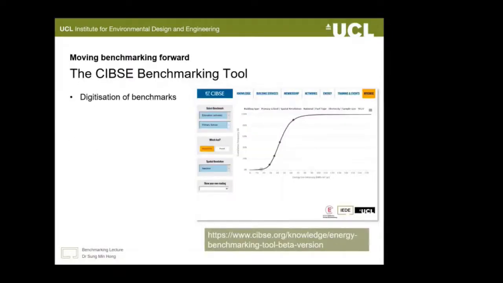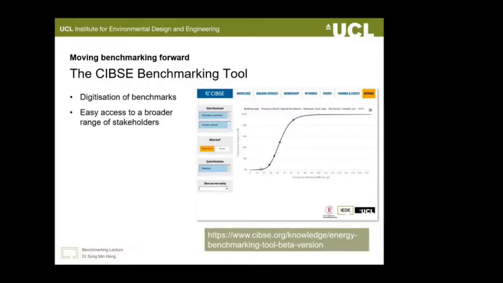To tackle all these challenges and also exploit these opportunities, we've decided to digitize the benchmarks through the development of the CIBSE benchmarking tool. It is free for everyone to use as long as you register for it. It's in the beta phase, but we are hoping to launch a full version quite soon.